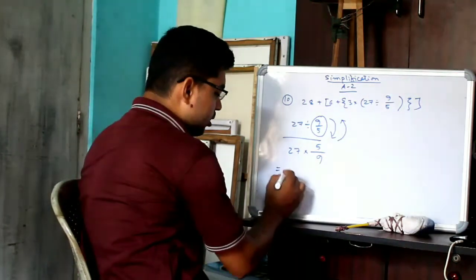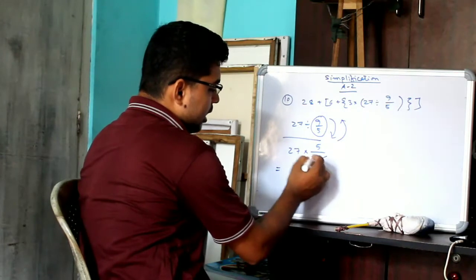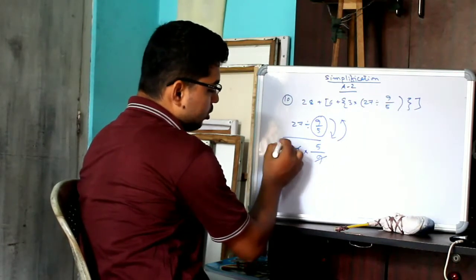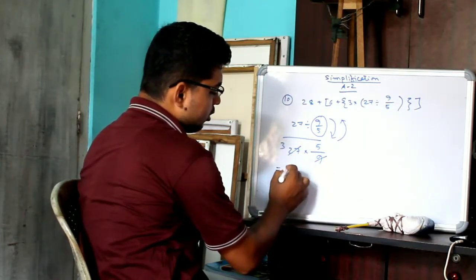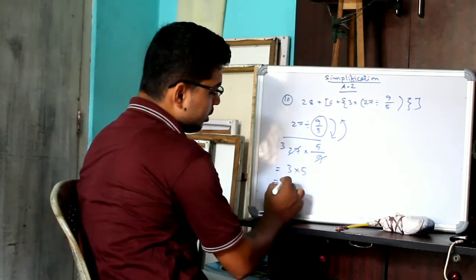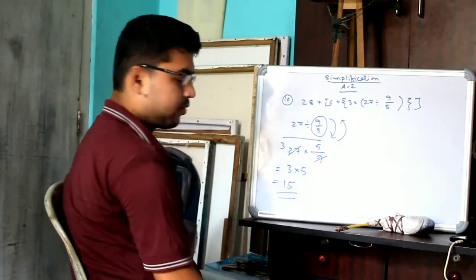Okay. Now see, 9 into 3 is 27, so 3 times. So 3 into 5 is equal to 15. So here the answer will be 15. Okay.